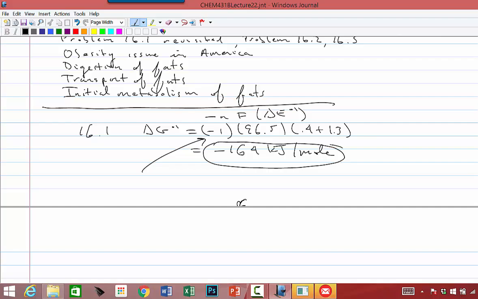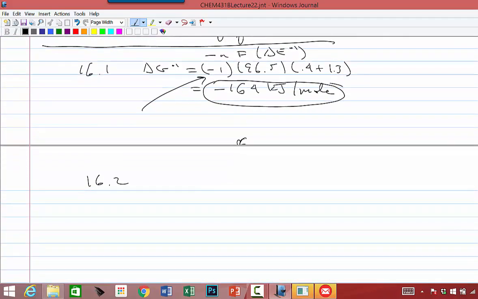So we're trying to figure out the efficiency of the cyclic photophosphorylation system. So we'll just go ahead and write 16.2. We have some information. We have ATP plus water giving us ADP plus inorganic phosphate, and they give us the delta G value of minus 50 kilojoules per mole.